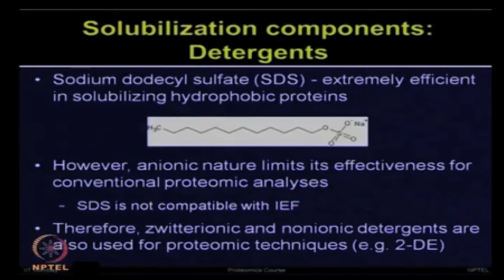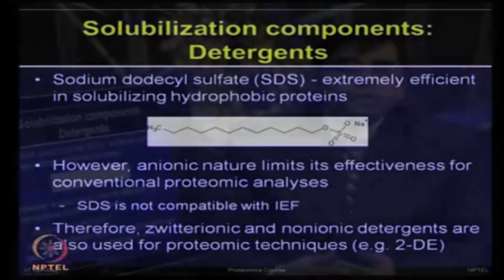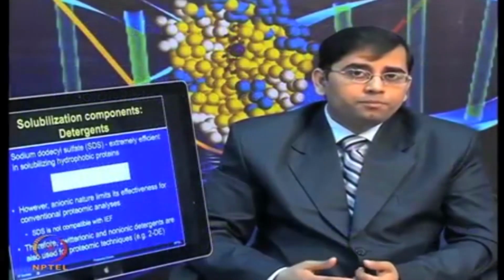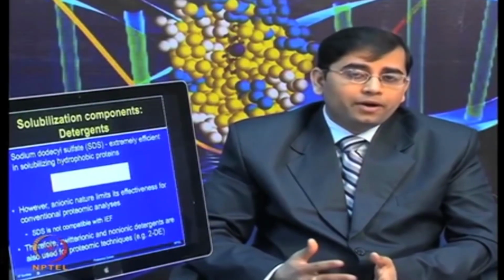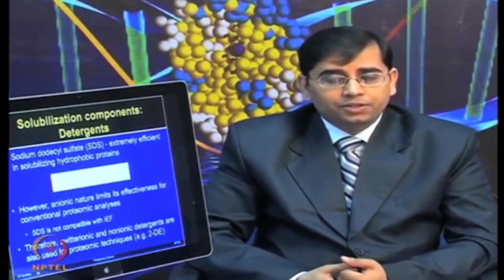SDS, the anionic detergent, is not compatible with isoelectric focusing. So, if you are preparing your protein sample to perform two-dimensional electrophoresis, SDS should be avoided in the sample solubilization.